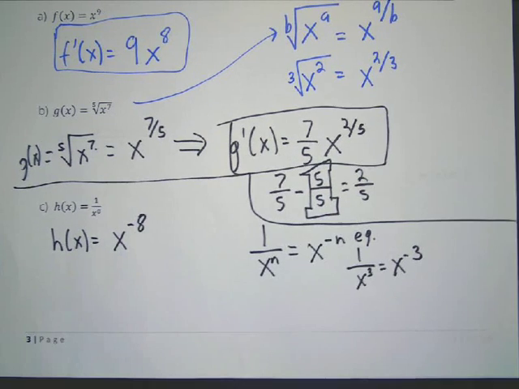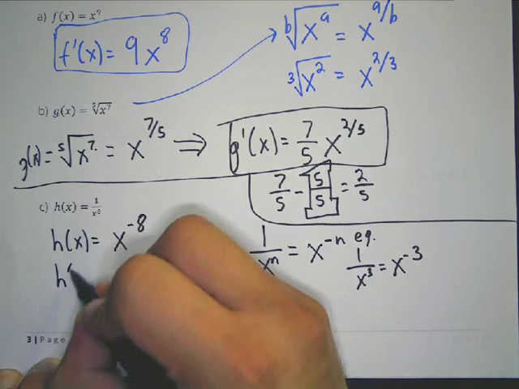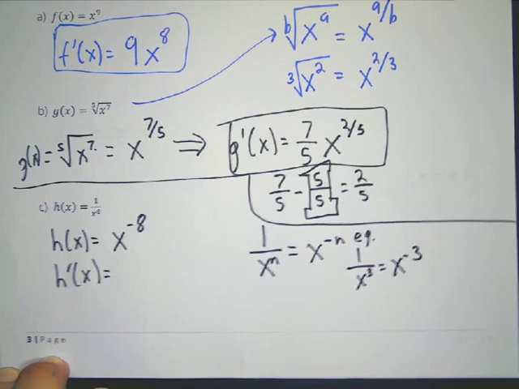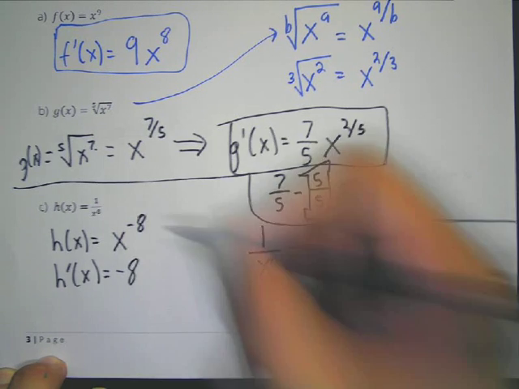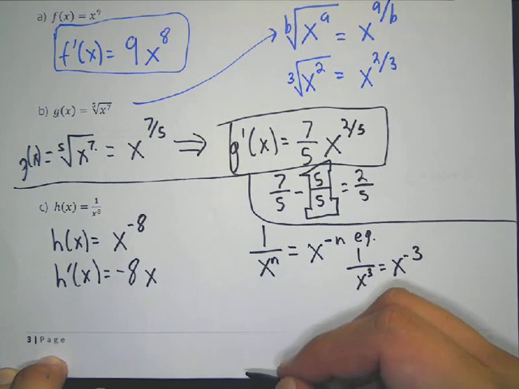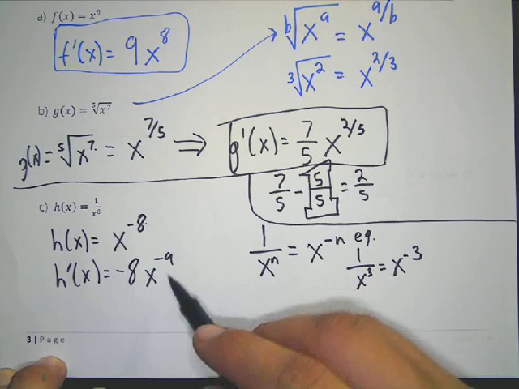We write it as x to the negative 8 power, and so I'm taking the derivative of that. It's going to be negative 8 x to the, not negative 7, negative 9. Remember, you got to subtract 1. So that would be our answer.